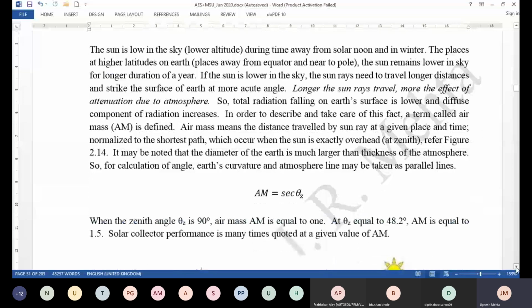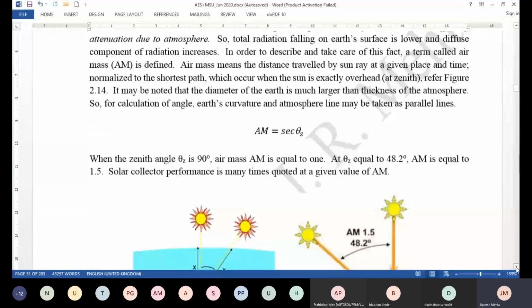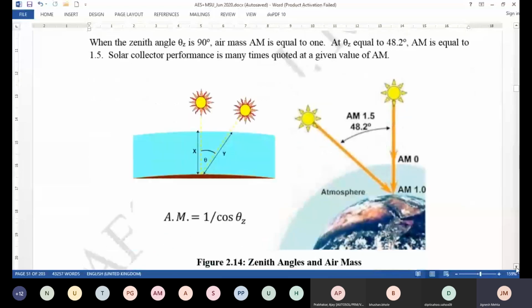Air mass, though the name is air mass, the unit is not kg, it is rather unitless, and the definition is like this. You can see the earth is shown here, the atmosphere of the earth is shown, the sun is shown, and then if you take a particular point on the surface of the earth, at this point of time the sun is overhead and the ray is coming from that direction, and then at some other point of time it is not exactly overhead, so it is coming at an angle.